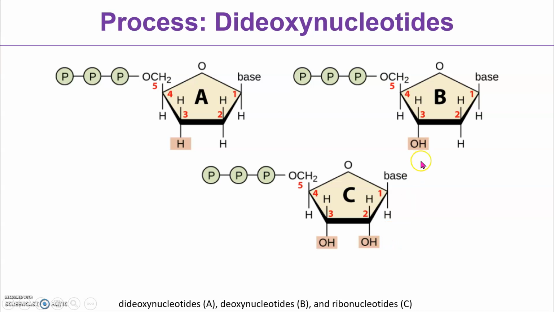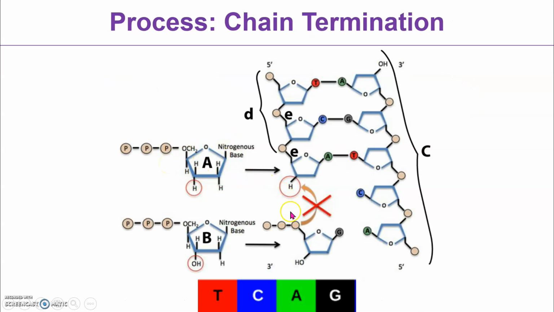To make deoxyribose, deoxy, you take away an oxygen. So deoxyribose has the removal of an oxygen, and dideoxy has the removal of two oxygens. By removing those two oxygens, it doesn't allow the sugar phosphate backbone to continue. So when a dideoxynucleotide is inserted, it causes chain termination.